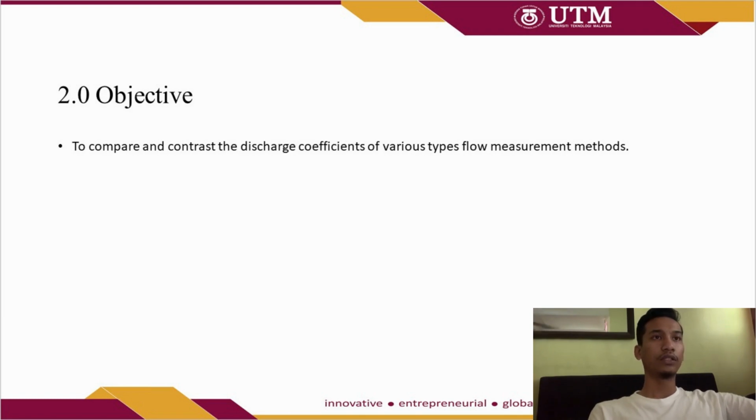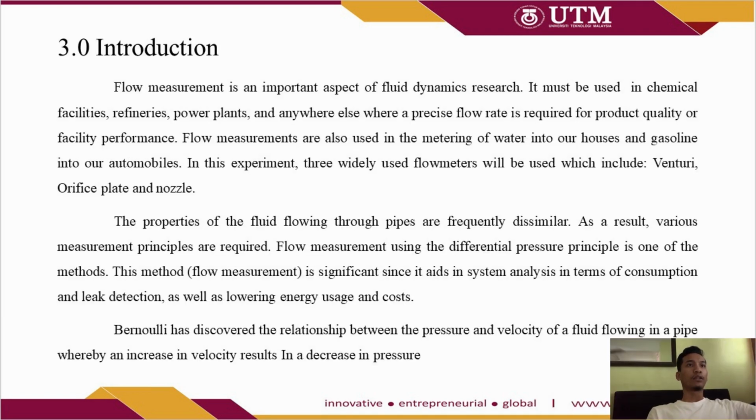For the objective, the experiment is to compare and contrast the discharge coefficient of various types of flow measurement methods. For the introduction, flow measurement is an important aspect of fluid dynamics research.